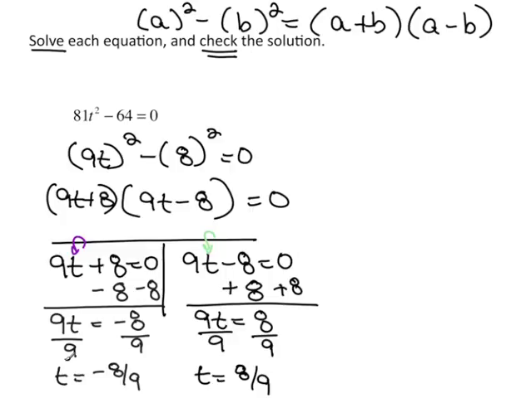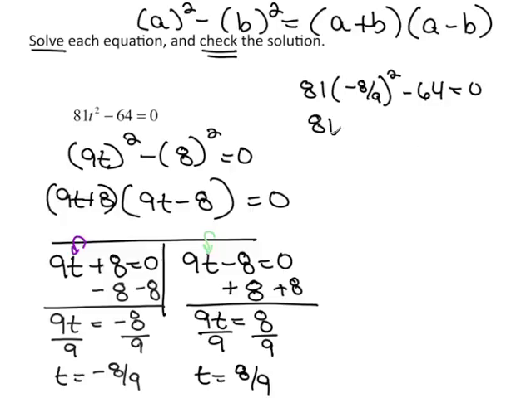What that means is we have to substitute the negative 8/9 back into the original equation and see if it's a true statement. So we take 81 times negative 8/9 squared minus 64 equal to 0.